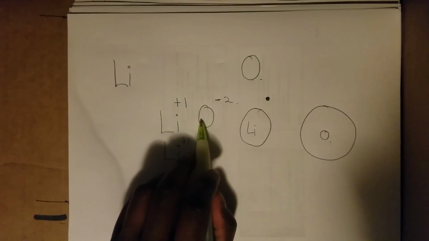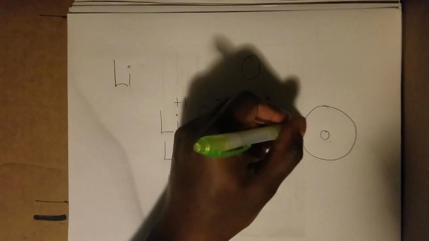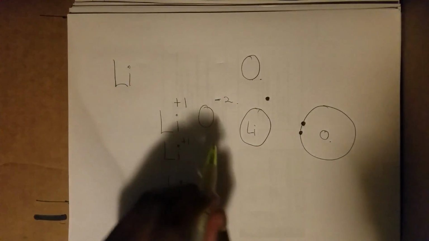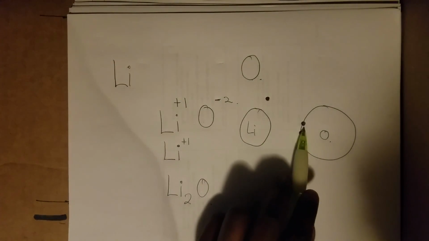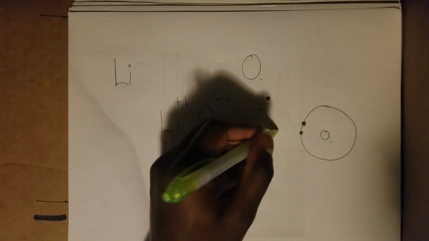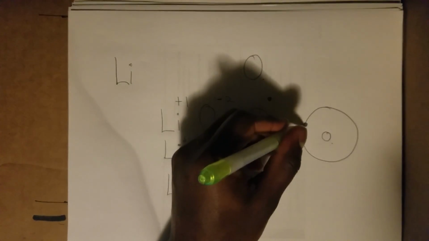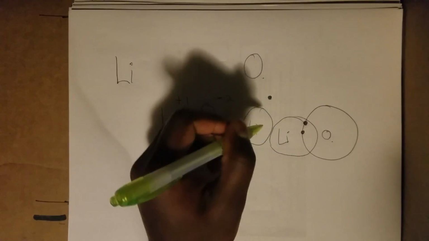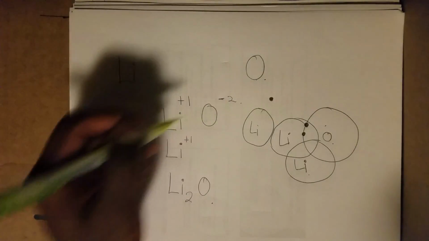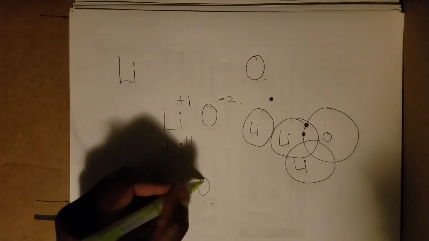However, oxygen has a -2 charge, so that means oxygen gained 2, not just 1, but it gains 2 electrons. So where would these 2 electrons come from? They would come from an extra lithium. So that means it takes 2 lithium atoms bonding together, coming together like this with 1 oxygen. So that's why the formula says Li2O. It takes 2 lithium for 1 oxygen.